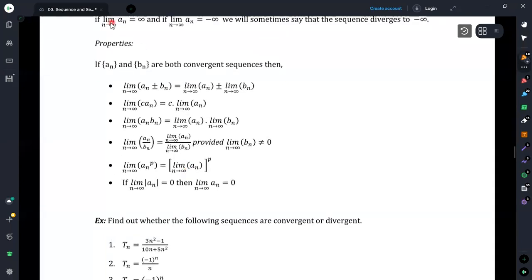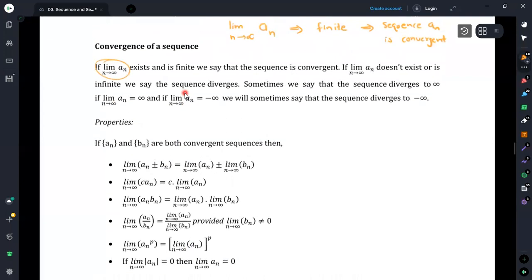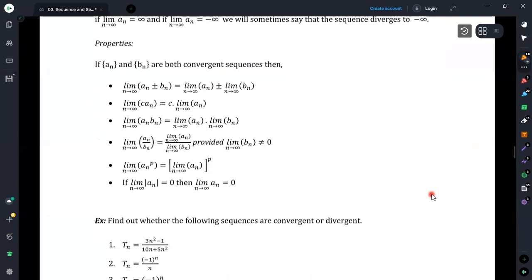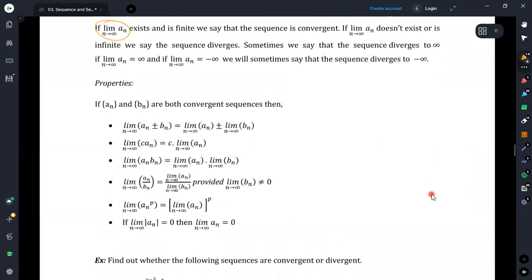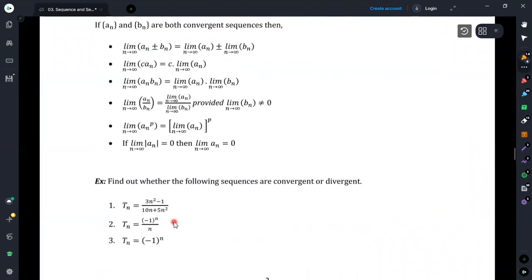Therefore, these are the properties that we are discussing under convergence of a sequence. Now we will try to find out whether the following sequences are convergent or divergent.